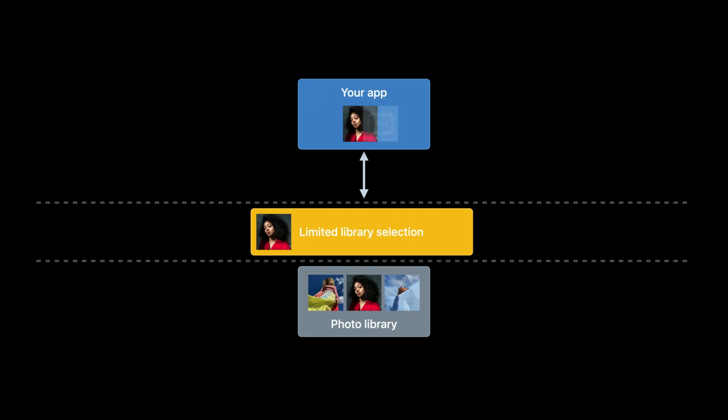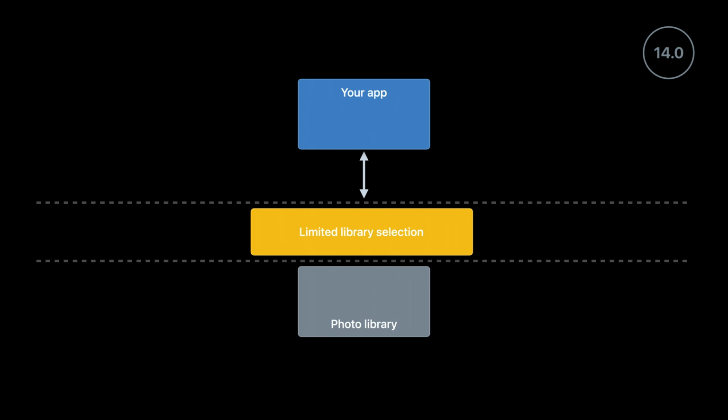For example, when an app adds a photo to the library, that photo is automatically included in the app's limited library selection. There's another workflow we see in apps, using a custom album to keep track of the assets they've added. But in iOS 14, limited library mode did not allow creation or access to custom albums. I'm happy to tell you that in iOS 15, we've added support for applications to create, fetch, and update their own albums when running in limited library mode.